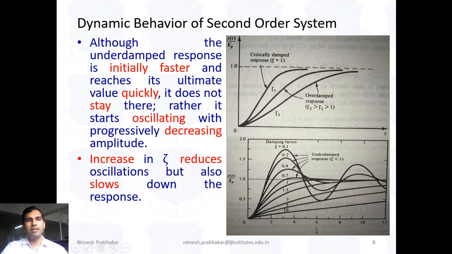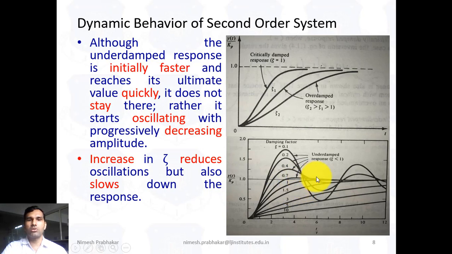Increasing zeta reduces the oscillation but also slows down the response. So to reduce this oscillation, that means the unstable behavior, we have to increase the value of zeta. When we increase the value of zeta, the oscillation is reduced and we get a stable system.